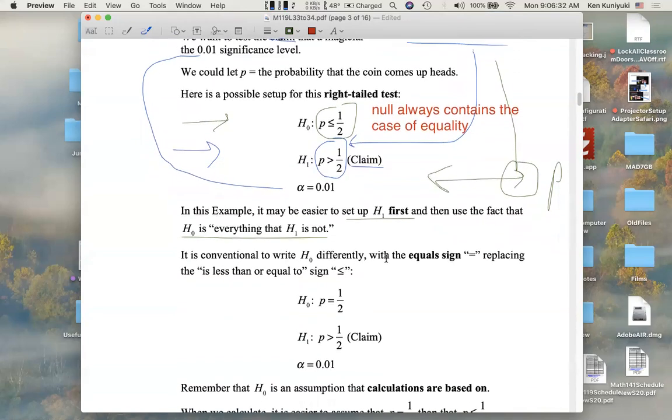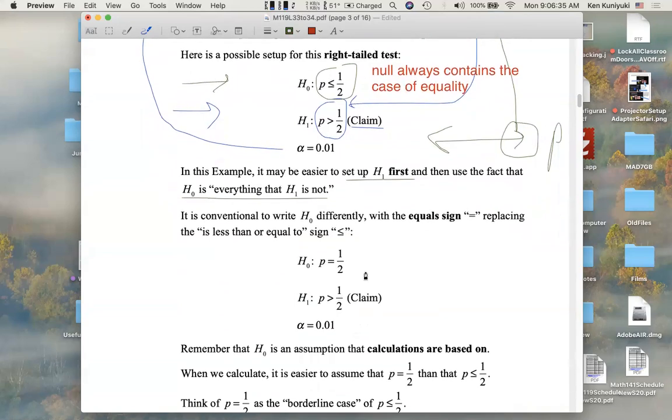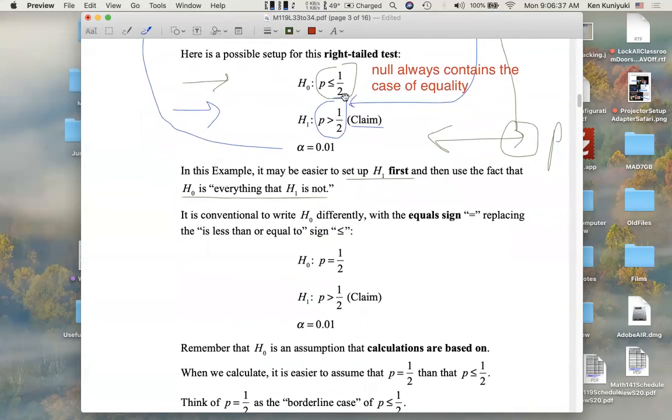Now, an easier way to look at this, it is conventional that instead of writing P as less than or equal to 1/2, we simply write P equals 1/2. It's a kind of shorthand almost. All right. But really, it means that P is less than or equal to 1/2. So this really means that.